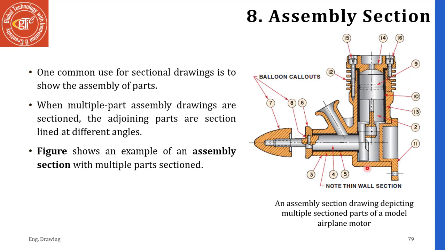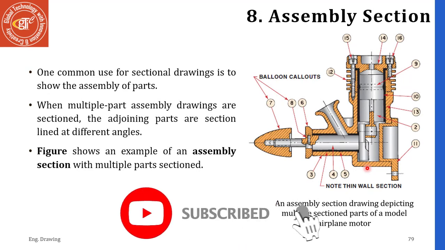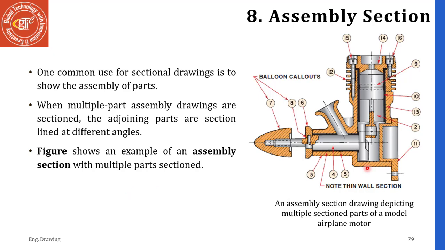Another type of section view is assembly section. One of the most common uses for sectional drawing is to show the assembly of a part. When multiple part assembly drawings are sectioned, the adjoining parts are section lined at different angles. The figure shows an example of an assembly section with multiple parts sectioned.